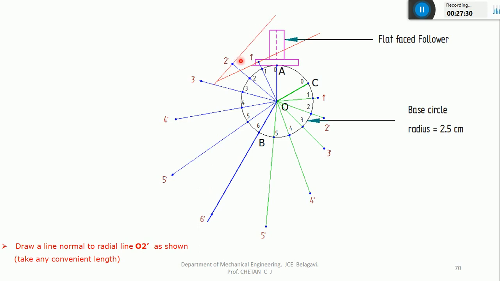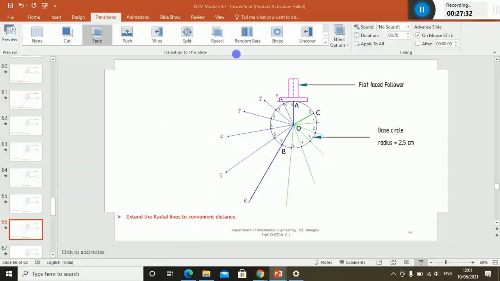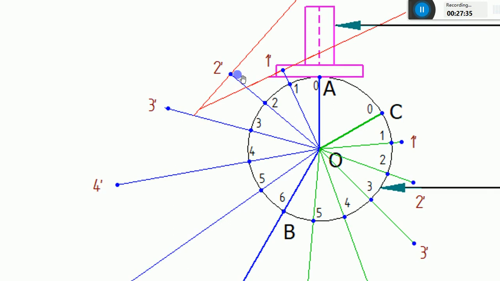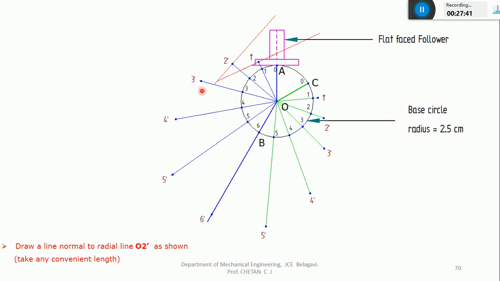You can see this angle has to be 90 with respect to this O2 dash. Similarly, for all those radial lines, I'll draw the perpendicular lines at 3 dash, 4 dash, 5 dash of any length. Similarly for the written stroke also.